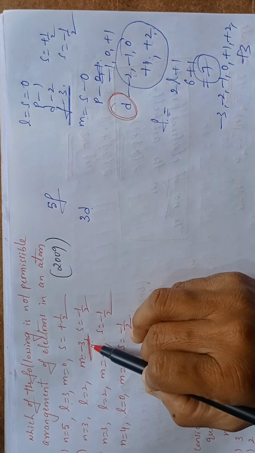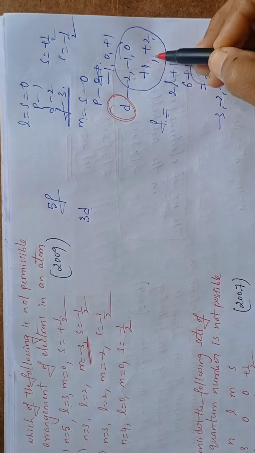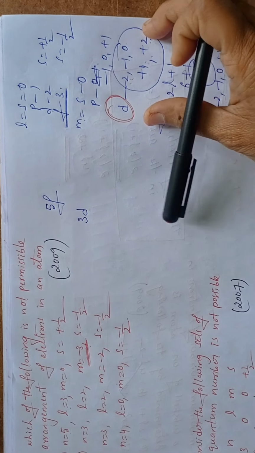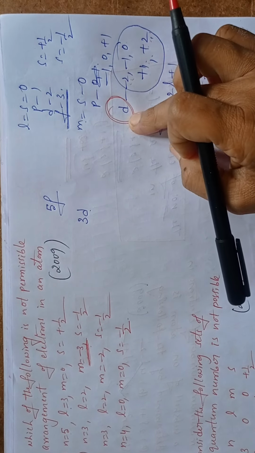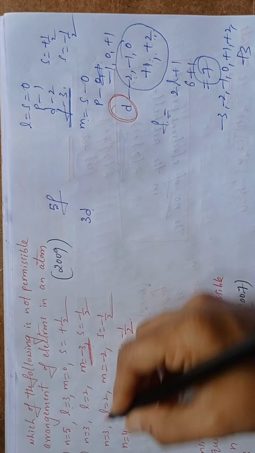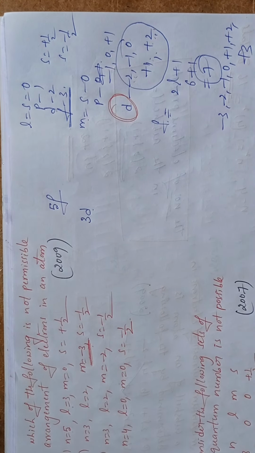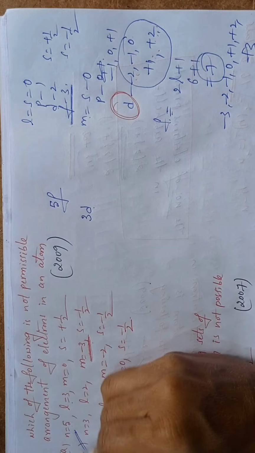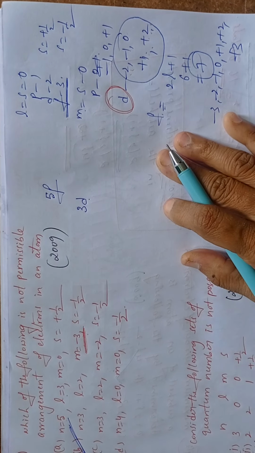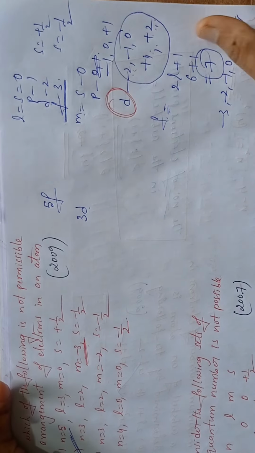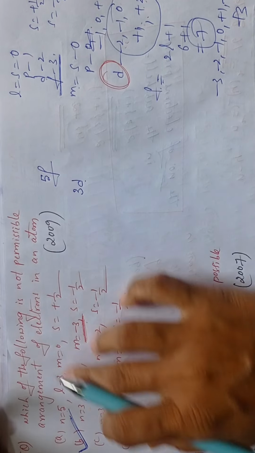So M equal to -3 is not possible, because only -2 to +2 are possible M values for D subshell. So that's why this is not acceptable. Are you clear on this one?